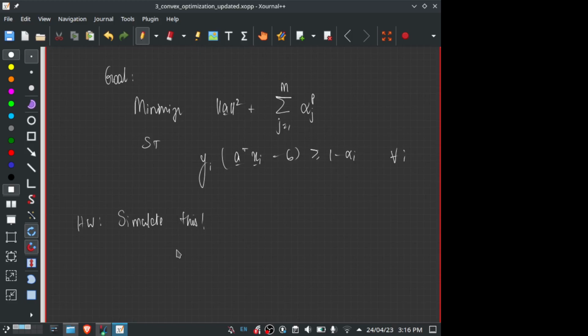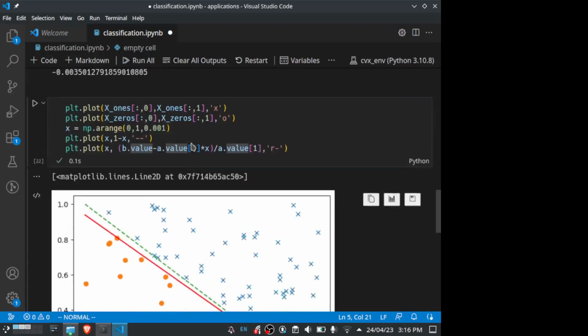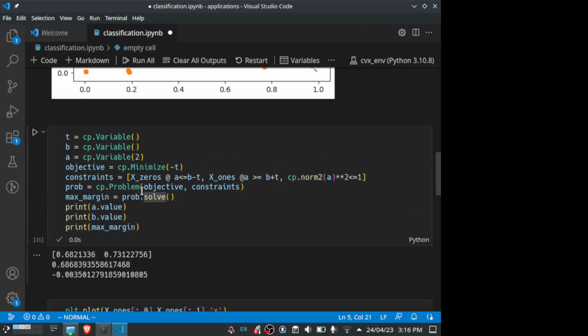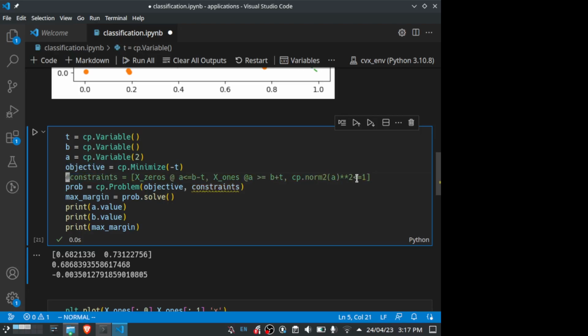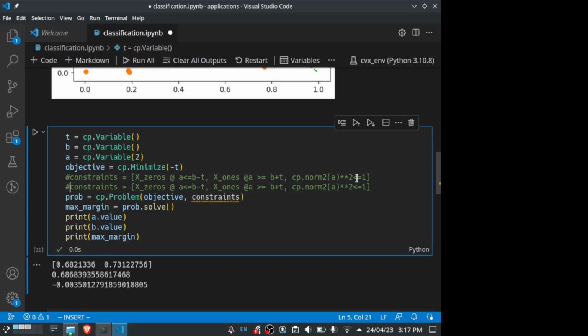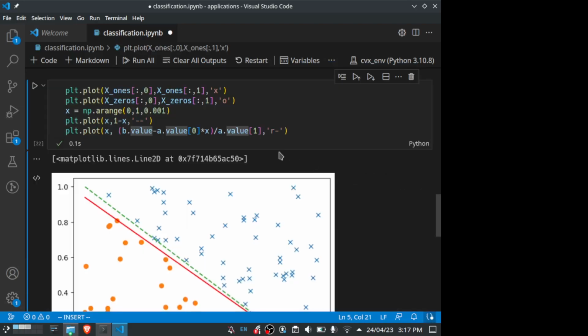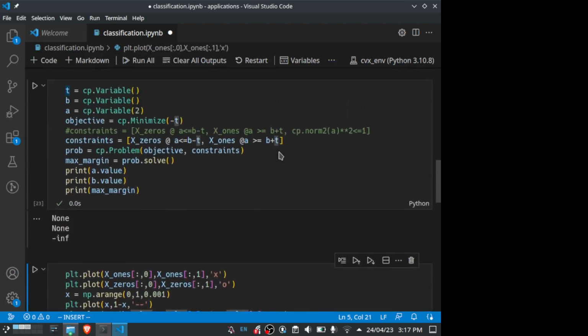In fact, even in the previous one, if I remove this particular constraint, I just get minus infinity.